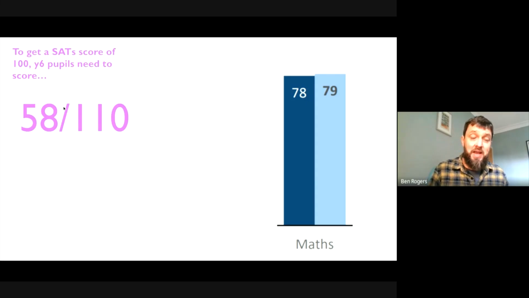To get that in those 2 maths papers, you had to get 58 out of 110 in 2019. So more than half of those marks just to get the expected score, and 80% of kids can get that. So if you've got a 10 form entry, you would expect your top 8 classes at least to be operating at this level.